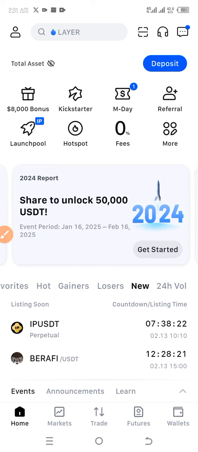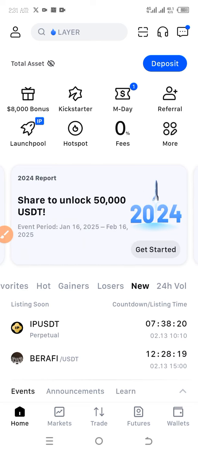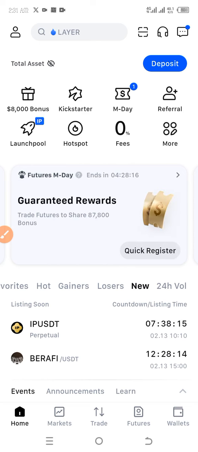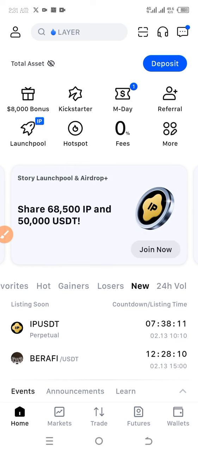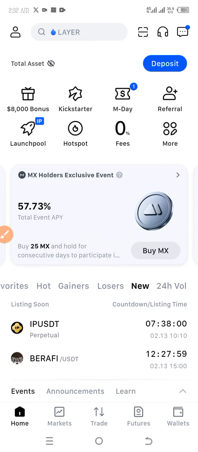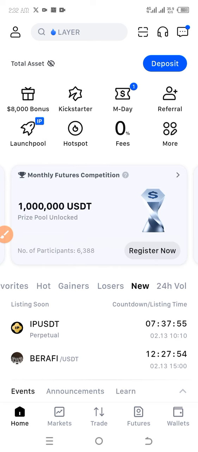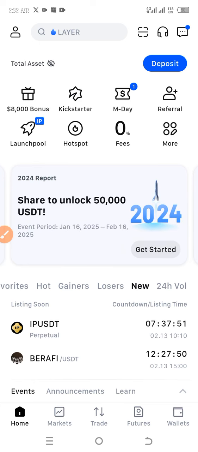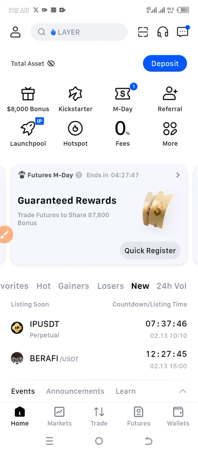That is exactly how I take advantage of all these new coins. I am not trading any old coin, I am trading new coin. The reason I always focus on new coin is that any coin that is listed, once it shoots up, no matter what, it is going to shoot down. That shoot down is what I take advantage of, and I am going to show you how I trade it right away.